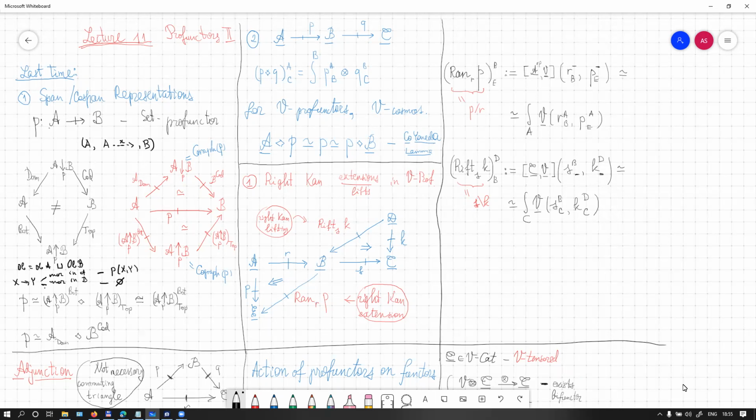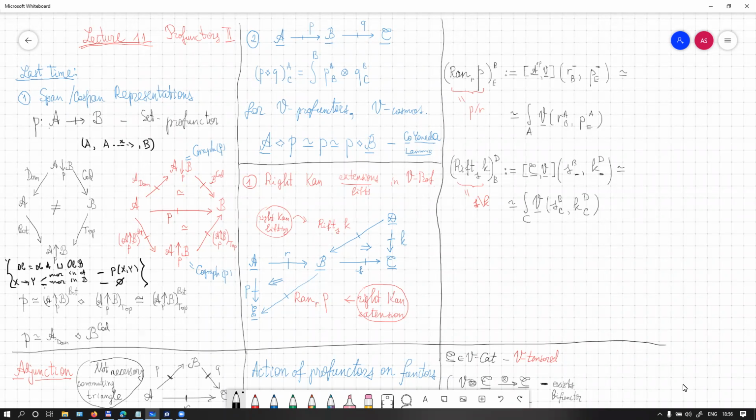So this was about the co-comma category. Also, morphisms from category A to category B are called heteromorphisms. Homomorphisms are morphisms inside the same category, and heteromorphisms are morphisms from one category to another one.